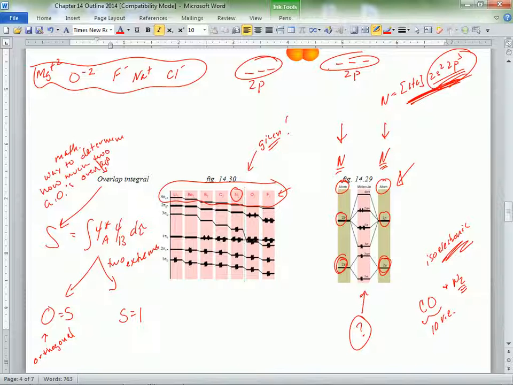So count them up: 1, 2, 3, 4, 5, 6. In these pi levels, I wish they could draw it a little bit better, there are actually 2 molecular orbitals there. So pi levels are really 2 molecular orbitals.